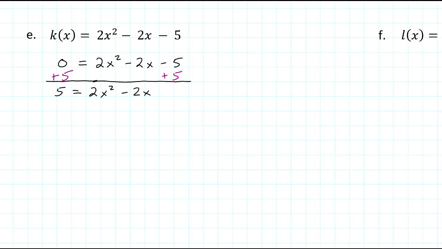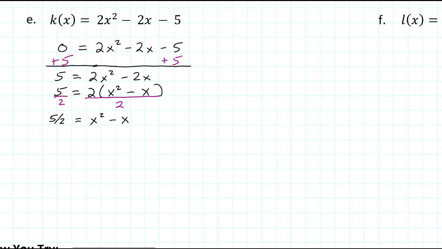Then we factor the 2 off of the front, off the x squared there, so we get 2 parentheses x squared minus x inside. And then we can divide the 2 off of both sides. All right, so on the left side we'll have 5 halves equals, on the right side just x squared minus x.